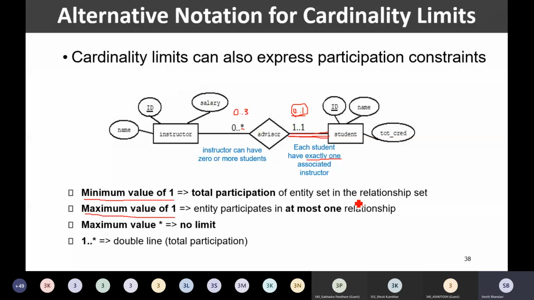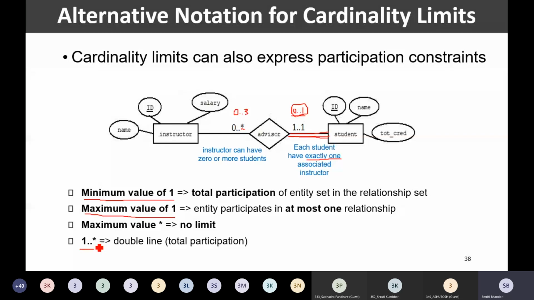Okay, so in general, if I have this notation 1 is to star, once again 1 to star means minimum cardinality is 1. So the entity set must participate in the relationship because its minimum cardinality is 1, and the maximum cardinality is anything, no limit.